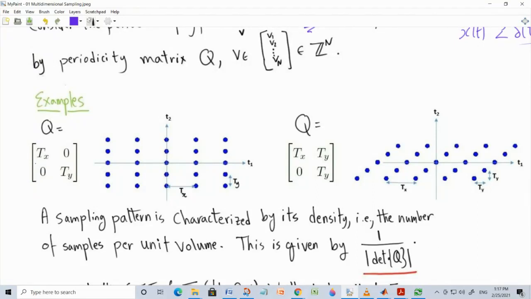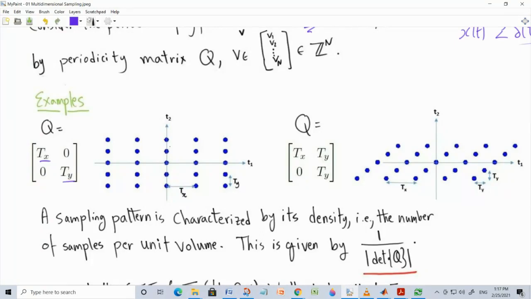Okay, and so the Q matrix is diagonal. It has 2 positive parameters, Tx and Ty, and Tx gives you the sampling interval along the T1 direction, and Ty gives you the sampling interval along the T2 direction. So if I ask you to suggest a sampling pattern, this is what you will come up with, and you can generalize this to n dimensions.